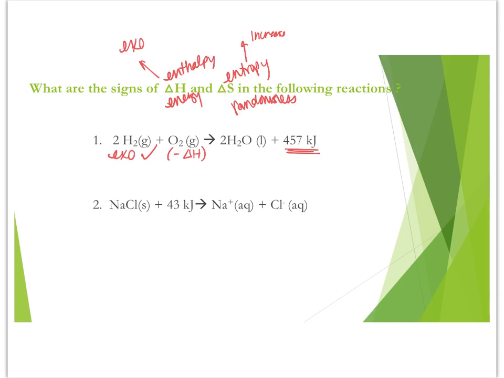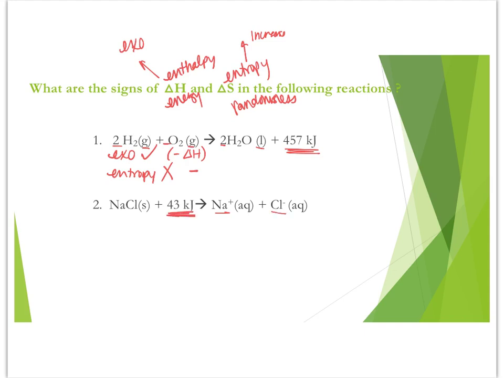Now, what's happening to the randomness, or the entropy, of this system? I have 3 total moles of gas on the left and 2 liquids on the right, so that's becoming less random. The entropy is decreasing, which is not favorable. Now look at this example: we have sodium chloride and we're dissolving it into water.